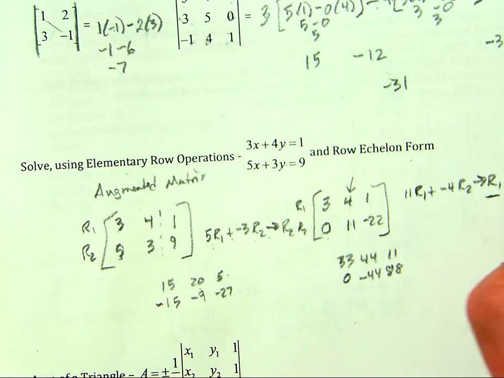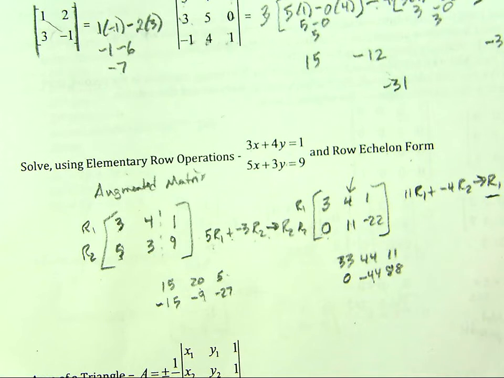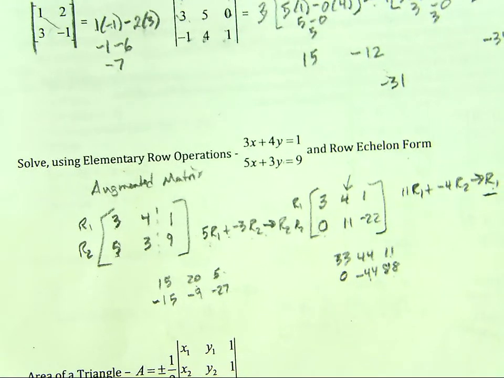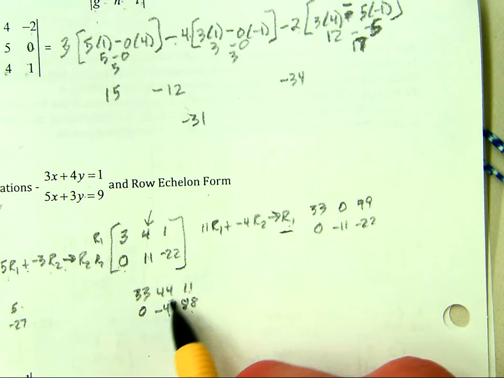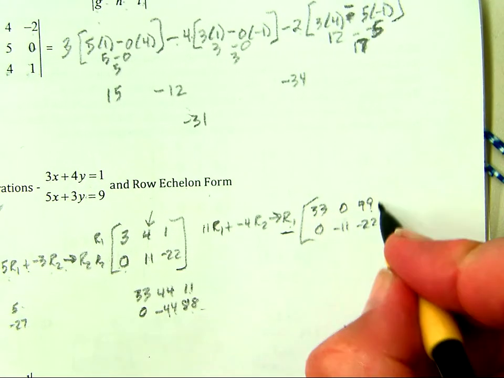So 33 and 0 is 33. 44 and a negative 44 is 0. 11 and 88 is 99. Now that was our new row 1. We left our row 2 the same as we had last time. We used it, but we didn't replace it. So now when we added those, we got 33, 0, and 99. So there's our matrix now.